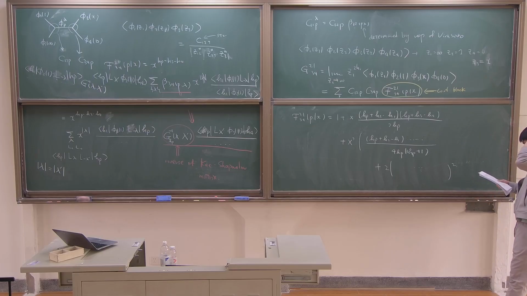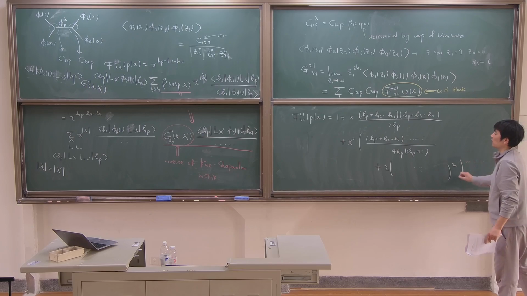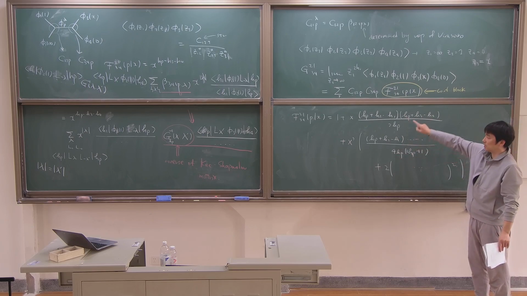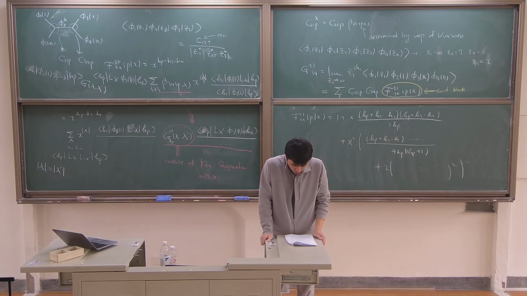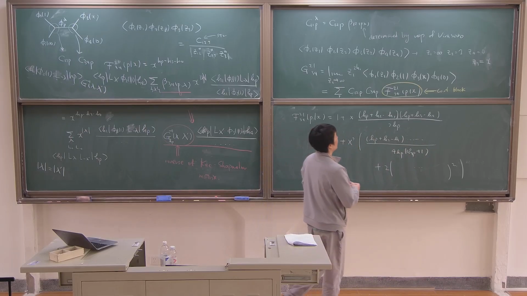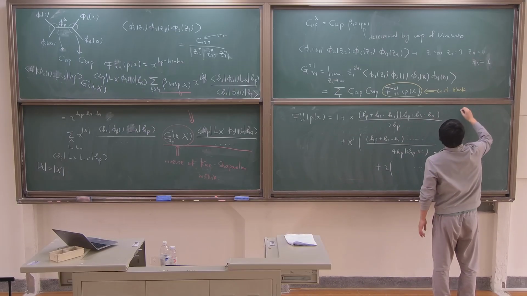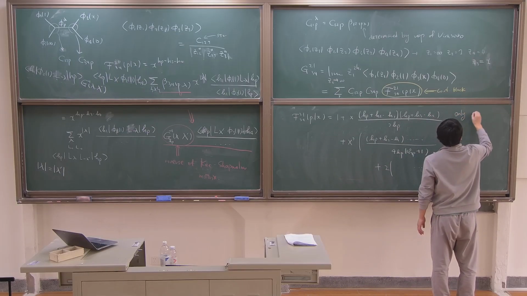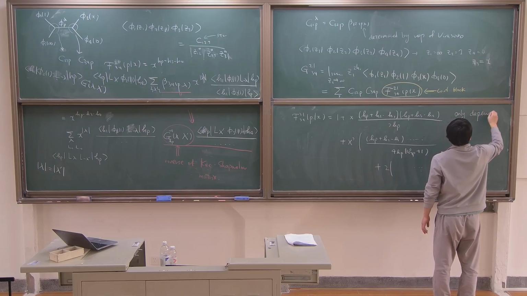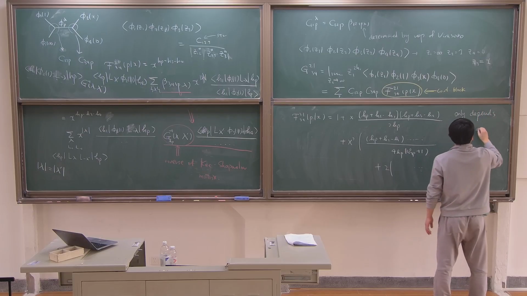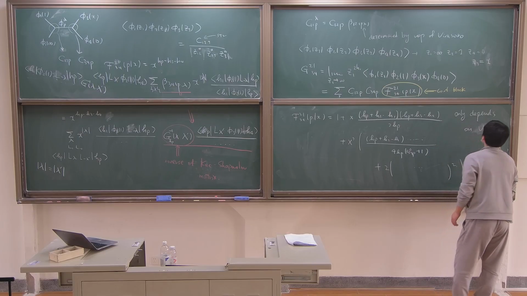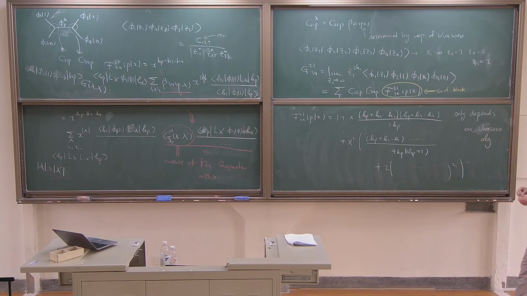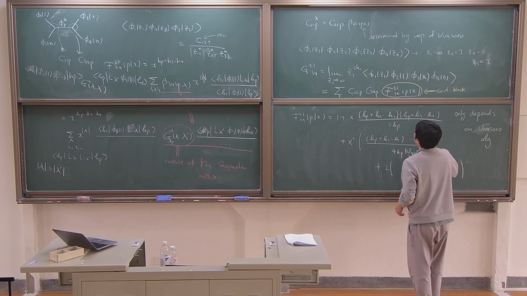That's how you get it, and you can determine this conformal block by using the representation theory of the Virasoro algebra. And the important thing is that this conformal block only depends on the Virasoro algebra.